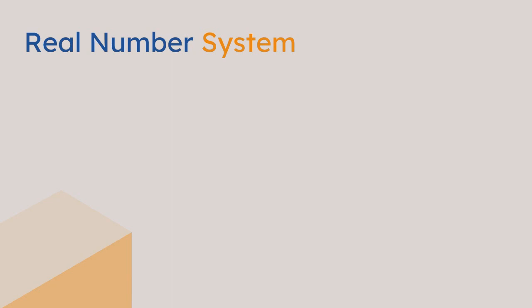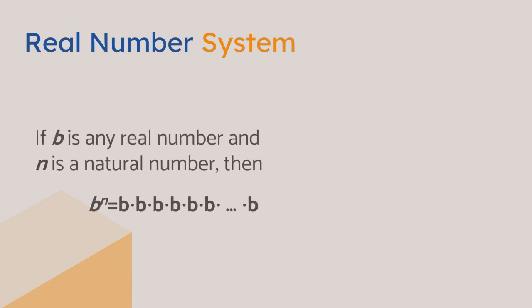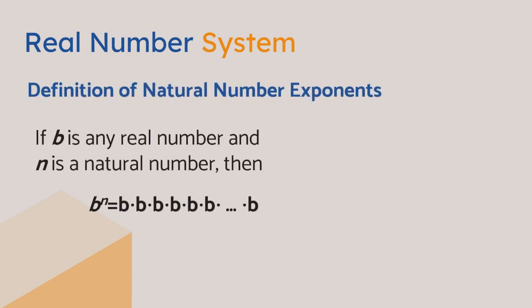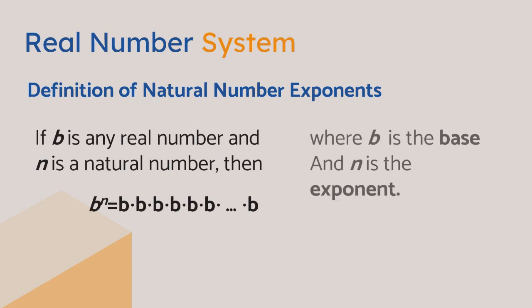Also, we learned about the definition of natural number exponents. If b is any real number and n is a natural number, then b raised to n is equal to b multiplied by itself as many times as the value of n, where we call b the base and n the exponent.